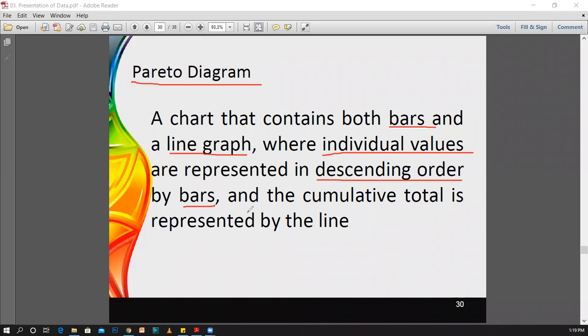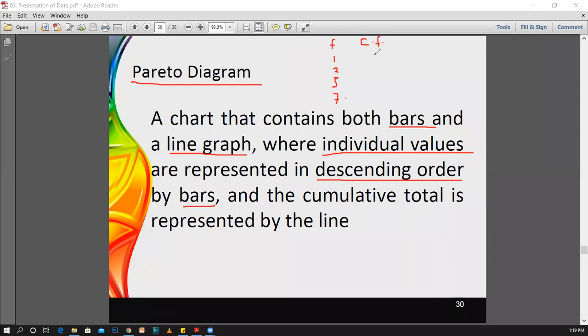Then the cumulative total. We all know how to identify cumulative totals. Now think about the values in this form. We'll take it as f here: 1, 2, 5 and 7. If you are asked to obtain the cumulative values, I will take it as CF.